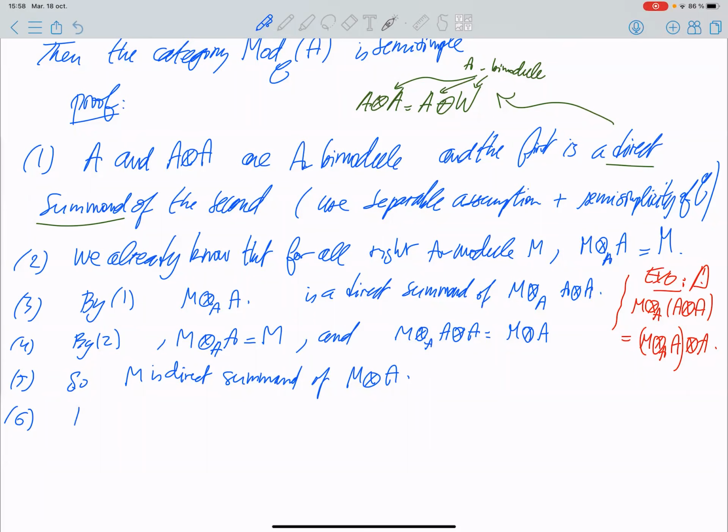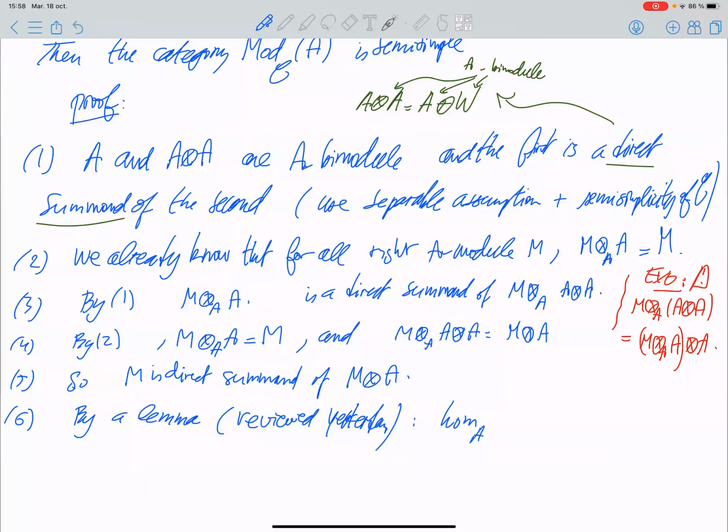So by a lemma reviewed yesterday, we have this isomorphism.